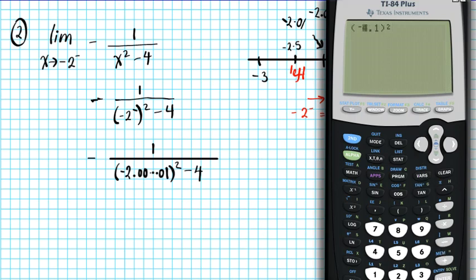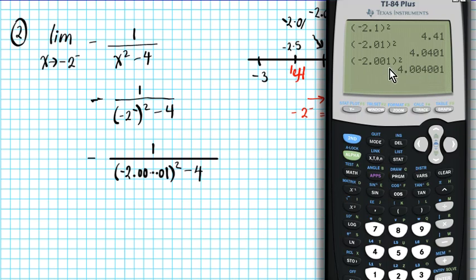Negative 2.1 squared is 4.41. How about we do negative 2.01? Negative 2.01 squared is 4.041. Let's do another one. Let's add in more zeros. 2.001, enter. So you see the trend, more and more zeros are showing up.